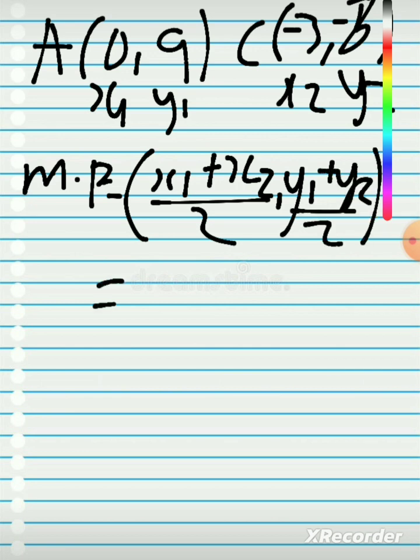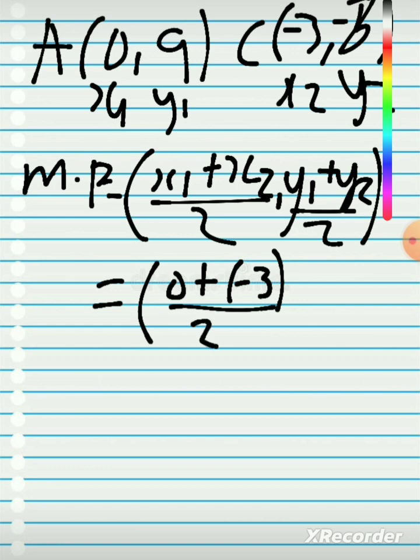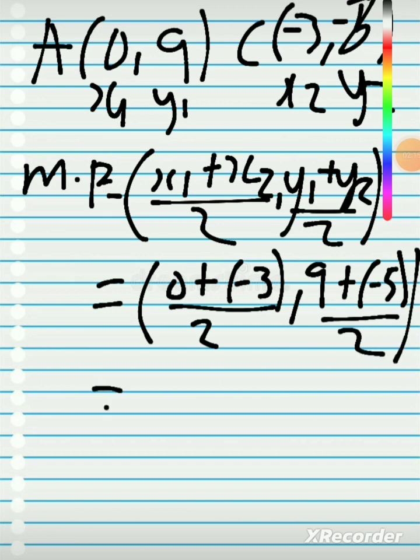Our x1 is 0, our x2 is -3. Make sure you put it in brackets to avoid confusion. Divided by 2. Our y1 is 9, our y2 is -5, divided by 2.